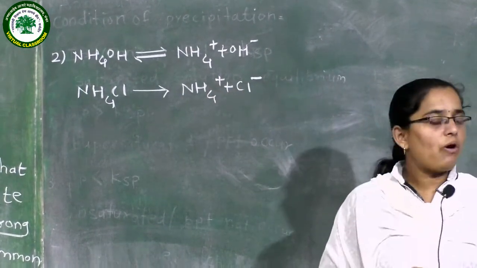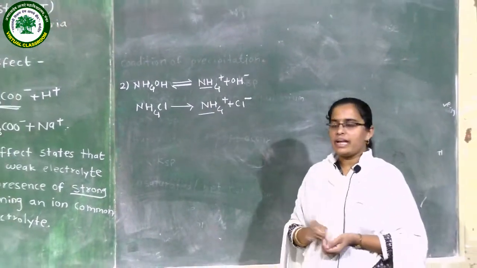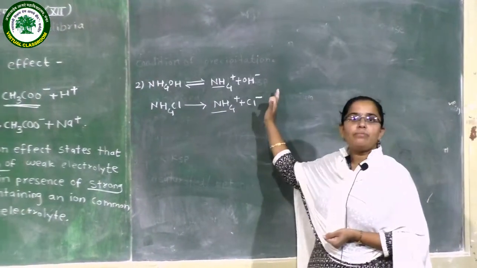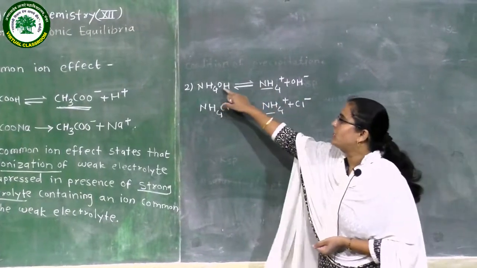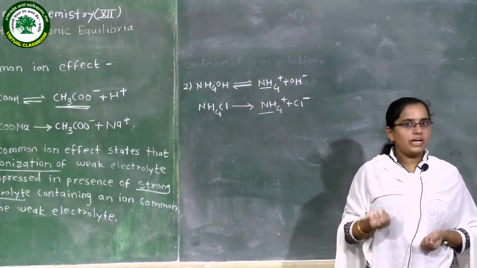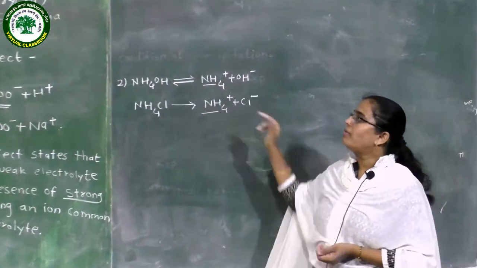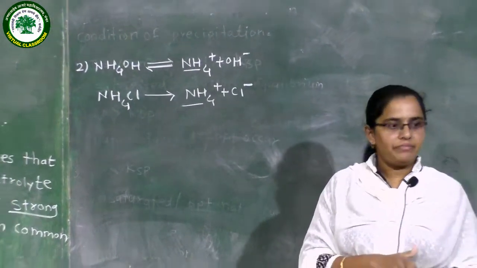Which is the common ion? NH4+ is the common ion. Actually, it is an example of a basic buffer. Due to this common ion, the ionization of NH4OH is suppressed. The overall effect is called common ion effect.